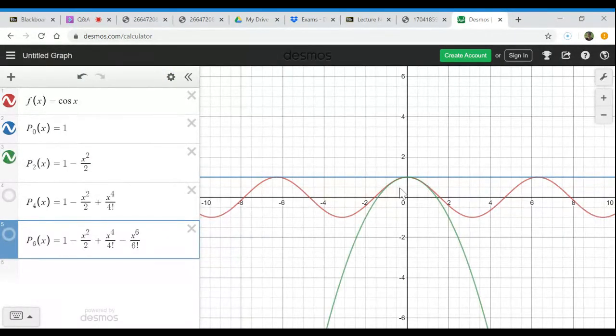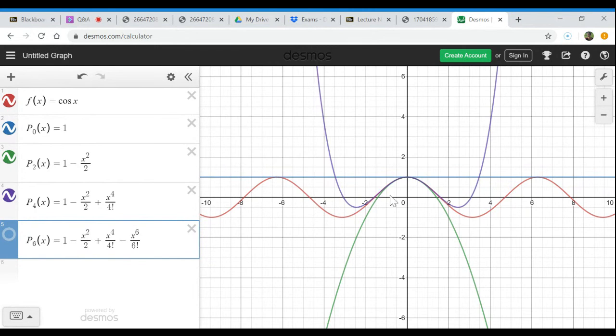Okay, here's p2, which remember with the polynomials that we wrote, p2 is equal to p3. So p0 was also equal to p1. Anyway, notice that second order polynomial does model the cosine function better, does a better job of it, again centered around x equals 0.